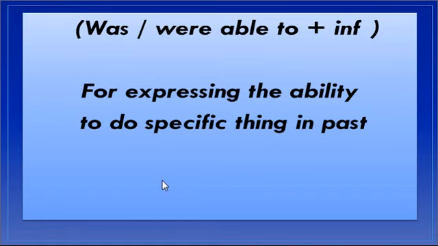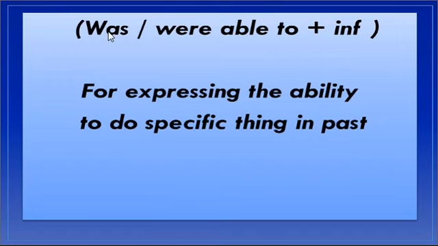Okay, when I was talking about ability and inability in the past, I used what? I used could or couldn't. تمام، استخدمت could أو couldn't but in general, not in a specific situation. ما استخدمناهوش في موقف معين، إحنا استخدمناه عامة.